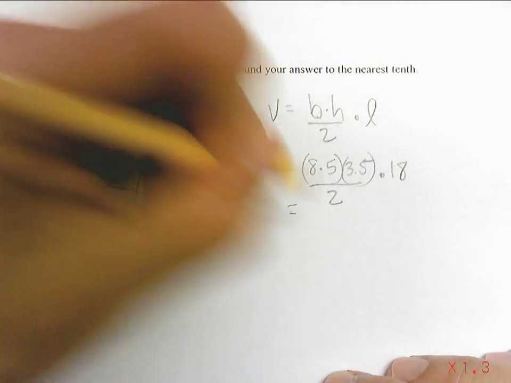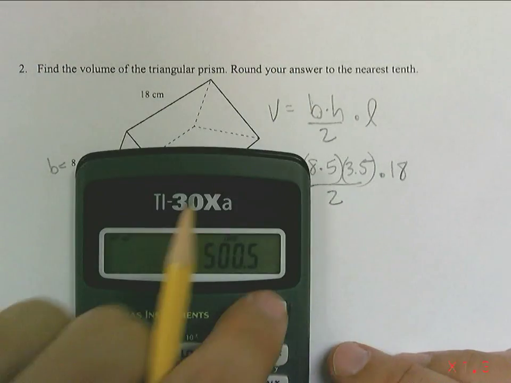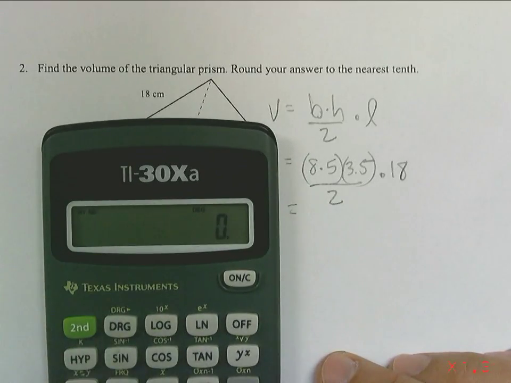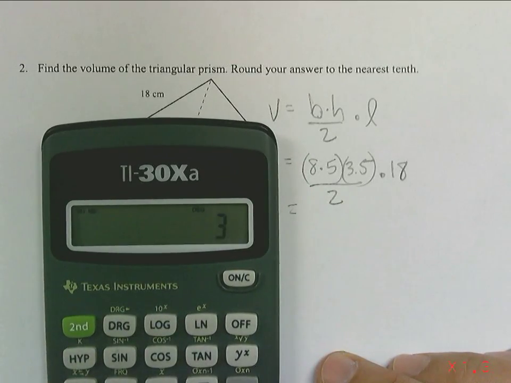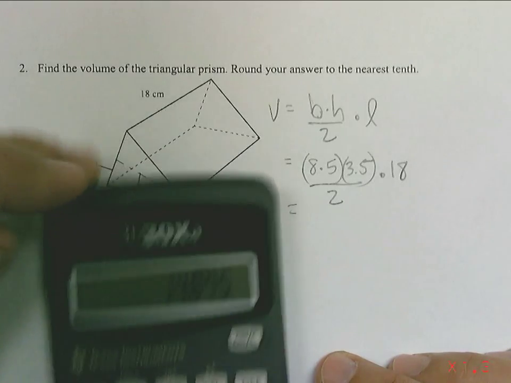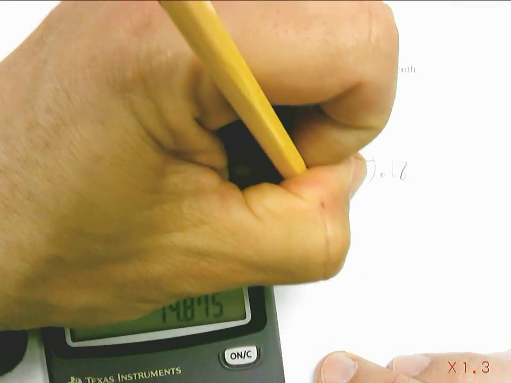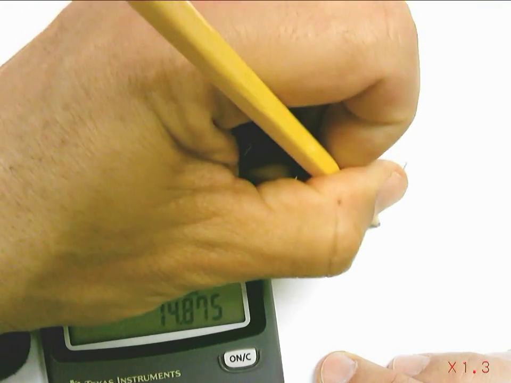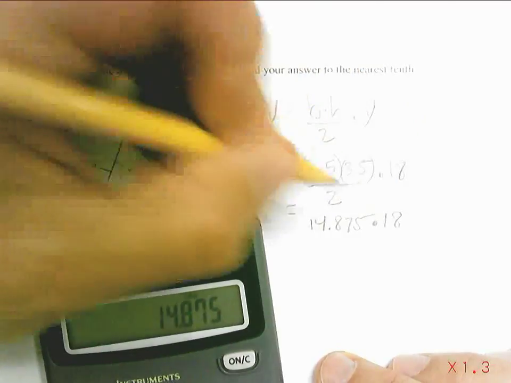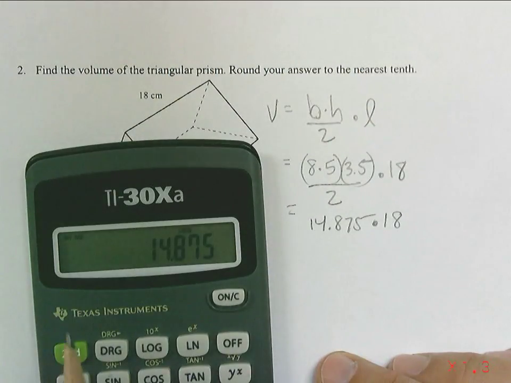Okay, use your calculator. 8.5 times 3.5 equals that. Now divide by 2, 14.875. 14.875 times 18.